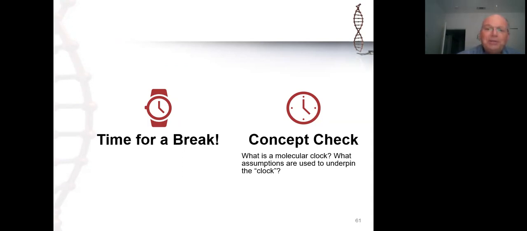What are the assumptions that underpin the clock? Well, the first is that the rate of mutations has not changed over time. The second is that the rate of mutations of a single gene found across multiple organisms is the same in all of the organisms, that there's no speeding up or slowing down on the basis of which organism the gene is located in.